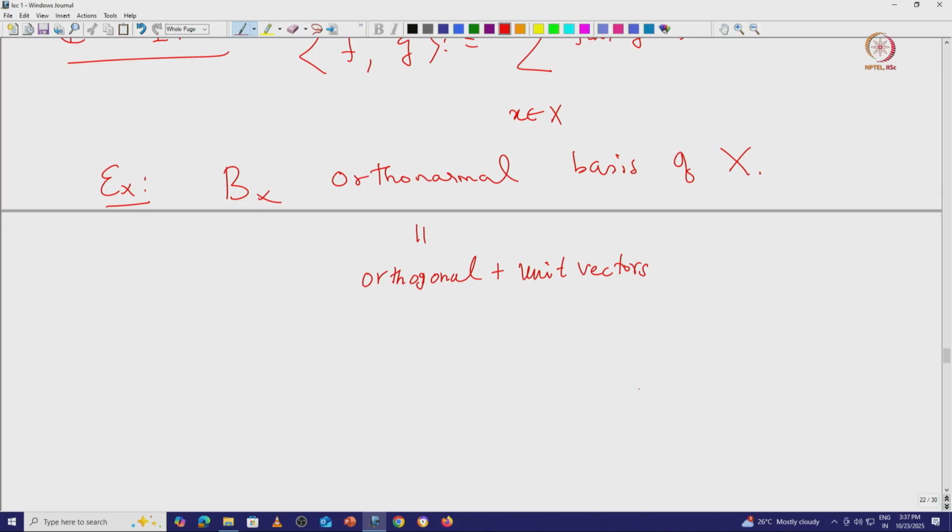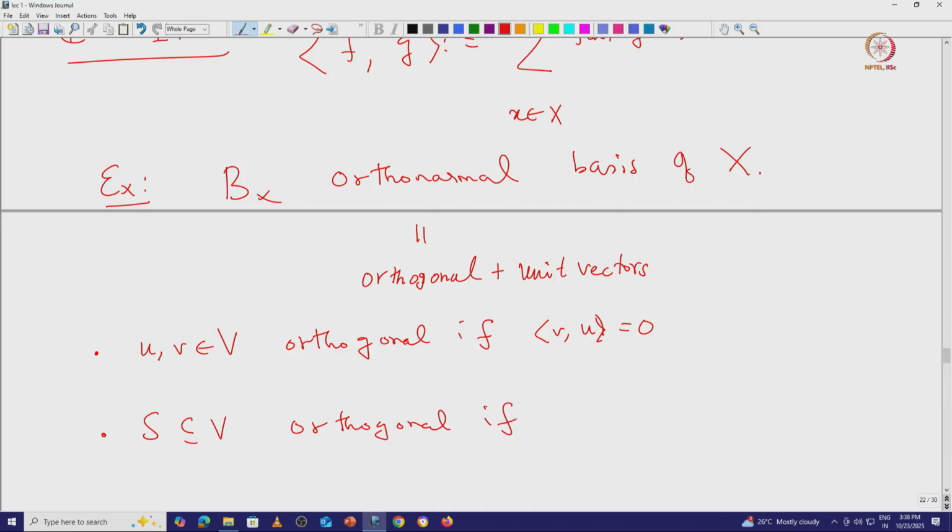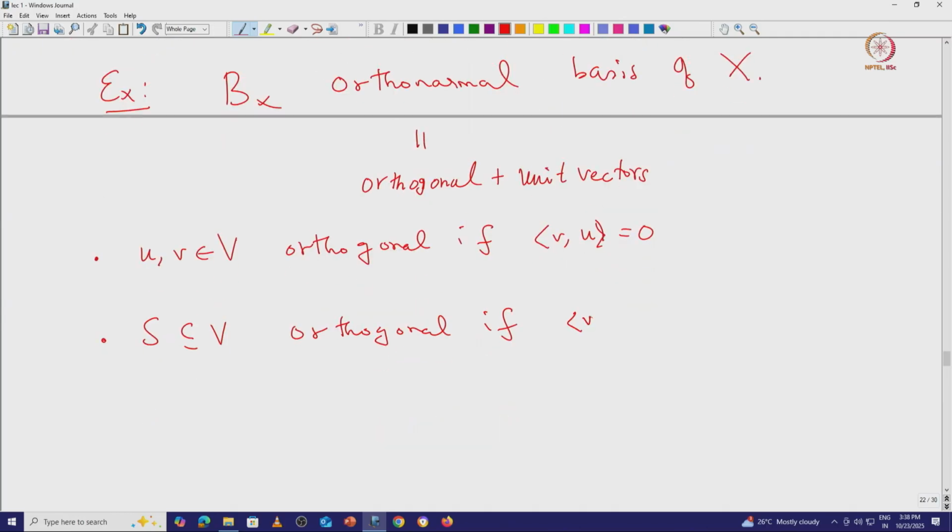You say two vectors are orthogonal if the inner product between them is 0, and you say a subset is orthogonal if the inner product between any two distinct vectors is 0.